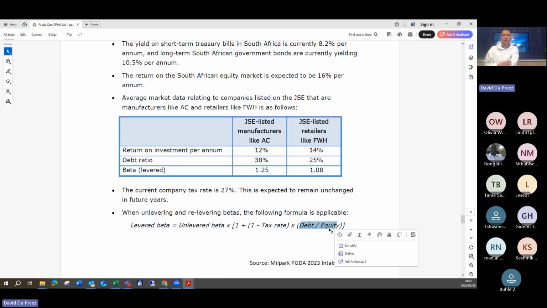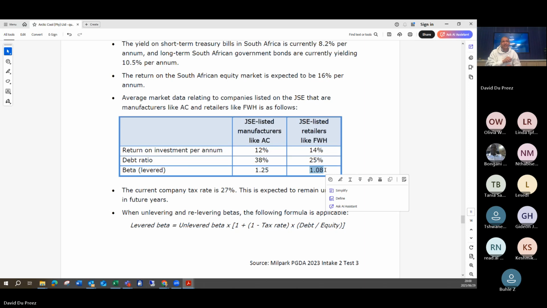Why have it levered? You have it levered because it is specific to that entity's risk. So they're saying this levered beta is not a general thing. It is that company. So you must remove that company's risk, so that you can bring it to your company's risk.